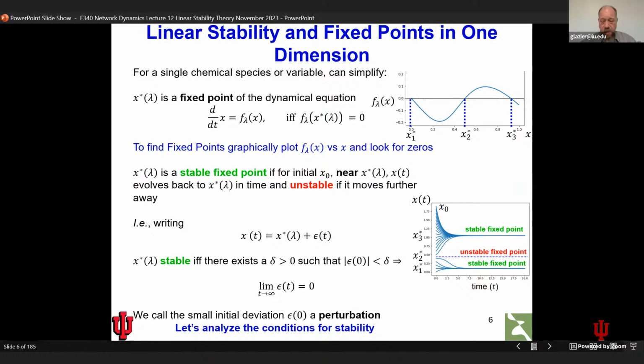That's not so interesting in one dimension, but if you go to higher dimensions, the existence of that range is not so obvious. And we'll start with x star plus some initial perturbation. And if you're a physicist, this is called perturbation theory, perturbation analysis. Mathematicians will call this linear stability analysis. Same thing. And so we're going to start out with x star plus epsilon of 0.